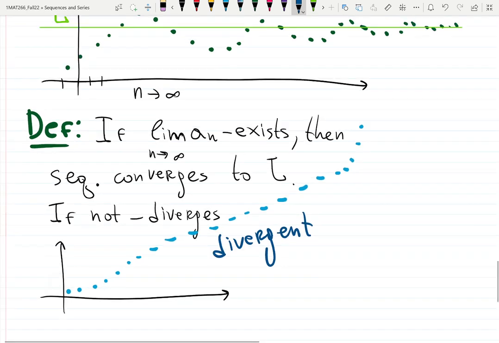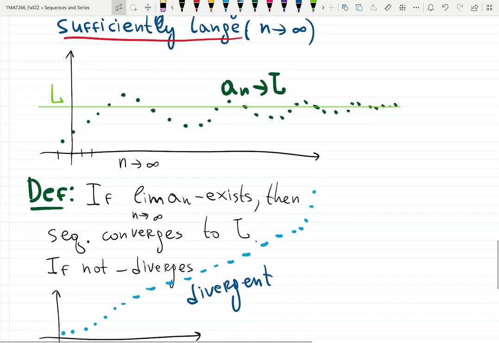The data does not seem to stabilize. That's the representation of convergence. What do you think about this? Not too bad. Intuitively, I think it makes sense. And we're going to teach you all the methods to find convergence and divergence, and convergence to what?